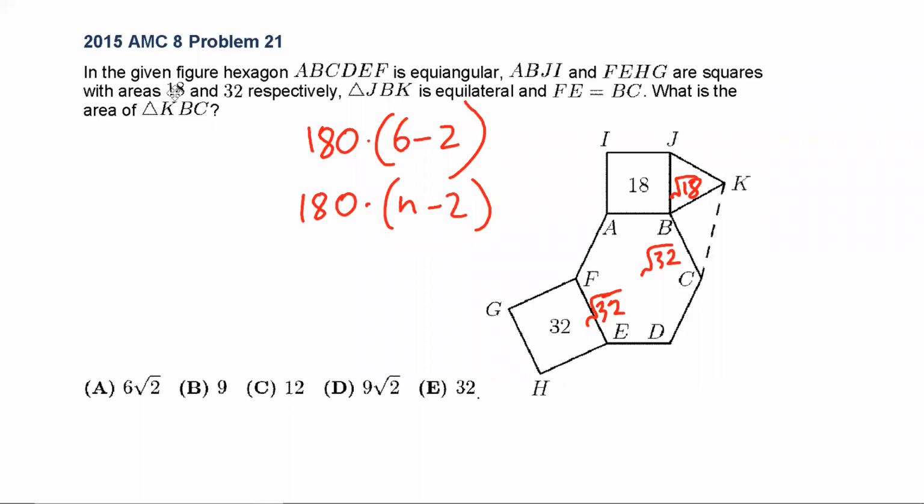So if we go back to 180 times 6 minus 2, and we divide by 6 for each angle of the hexagon, then what will that give us? Well, that will give us 30 times 4, which is equal to 120 degrees. So now we know that angle ABC is 120 degrees.